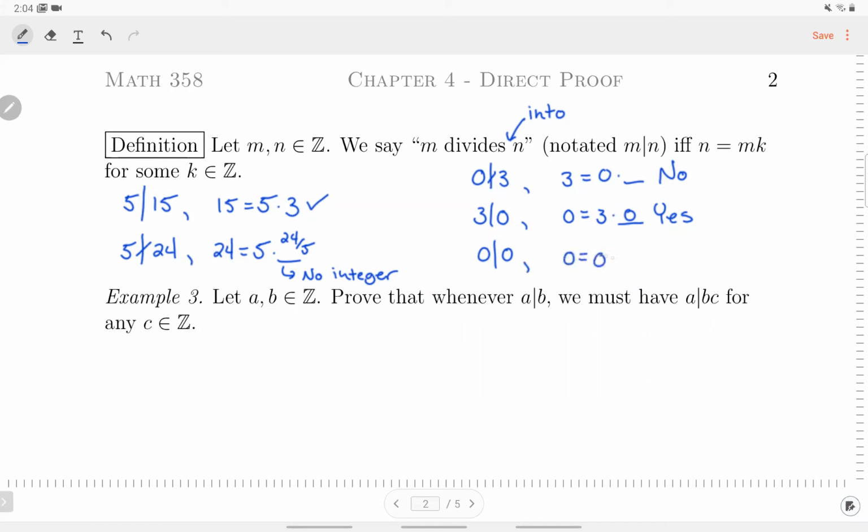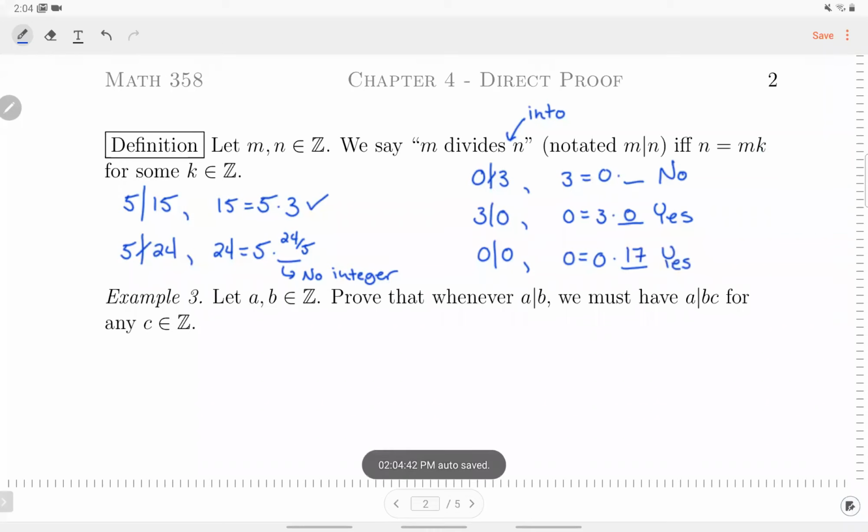0 equals 0 times something. This is actually true. I can put any integer I want in there. So let's put 17, right? There does exist an integer. It doesn't say in my definition that there's one specific k that works. It just says some k.